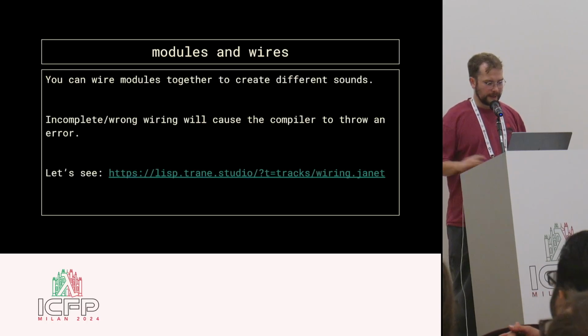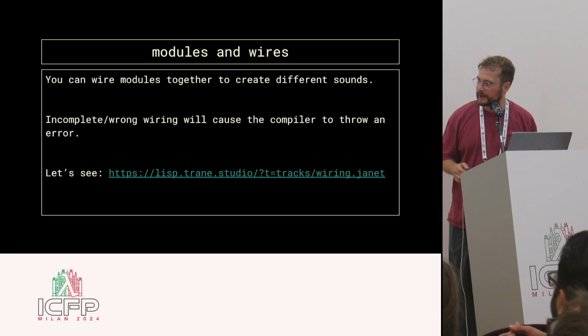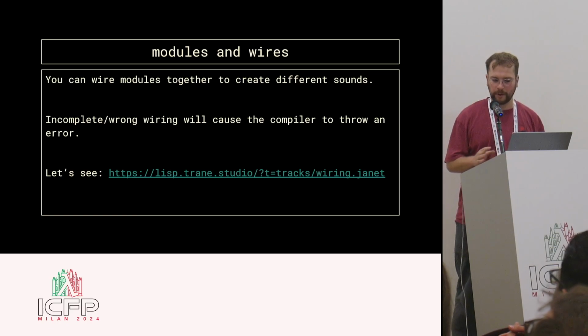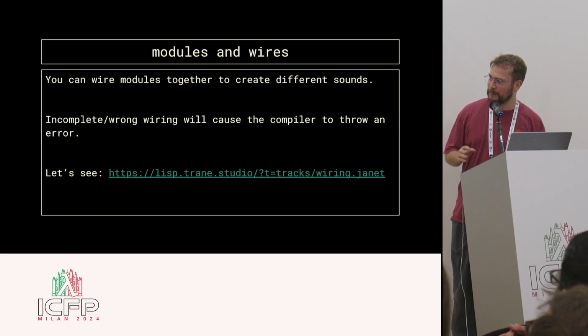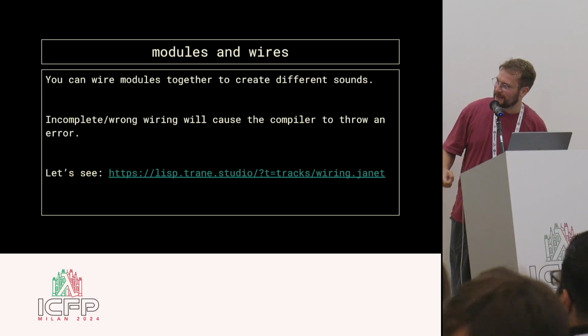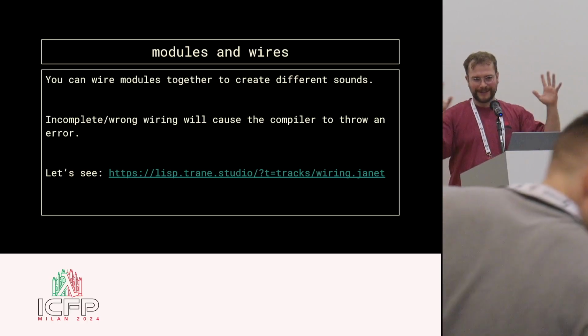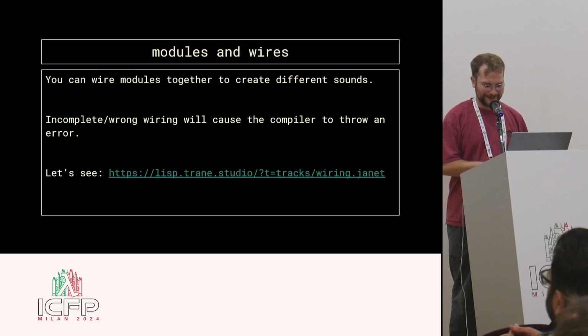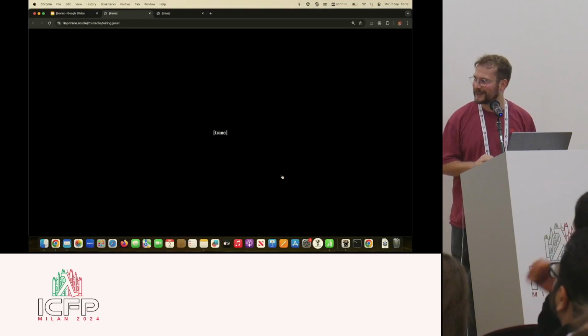You can wire these together to create different sounds. We saw a bit of that earlier. And for wrong wiring, where the compiler can work it out, if it knows it's definitely wrong, like there's something which exists and you plugged it into the wrong thing, it will shout at you. Let's have a look at that.